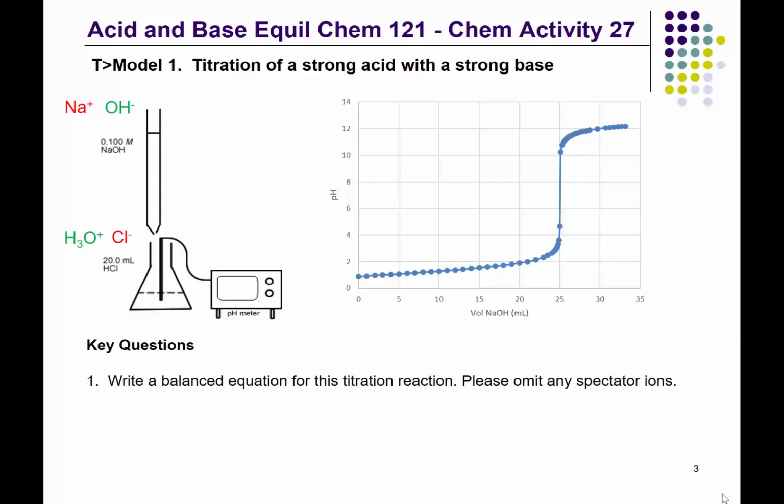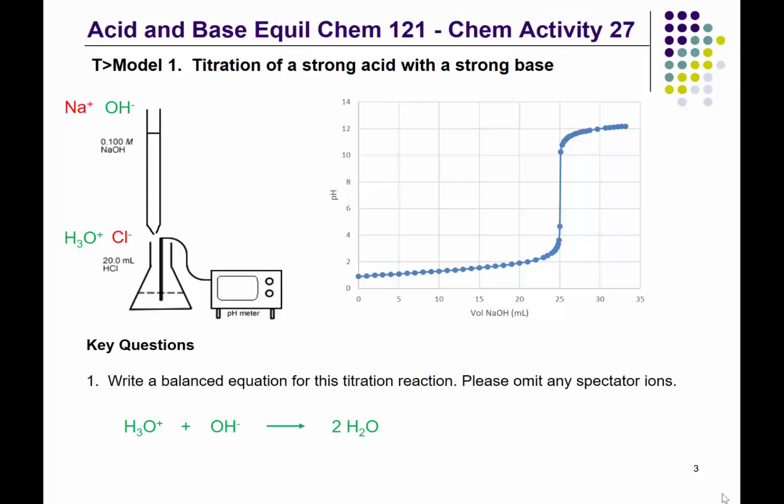You may have also noticed that the spectator ions, the sodium ions and the chloride ions, in this sense are equivalent to our negligible acids and bases. Therefore, the balanced equation for this particular titration reaction is 1 mole of hydronium ions plus 1 mole of hydroxide ions will produce 2 moles of H2O molecules.